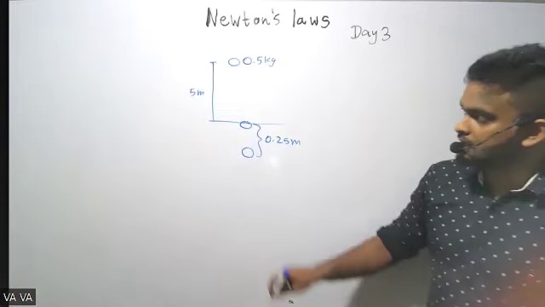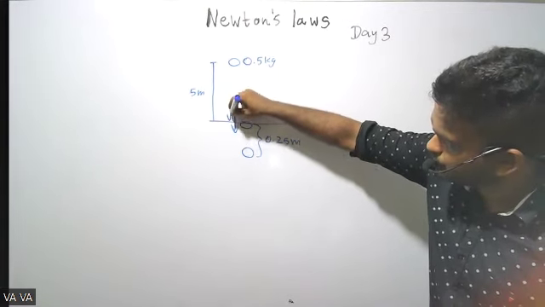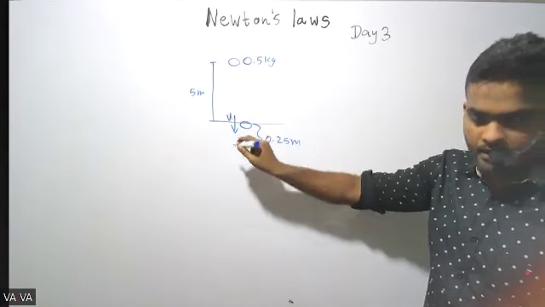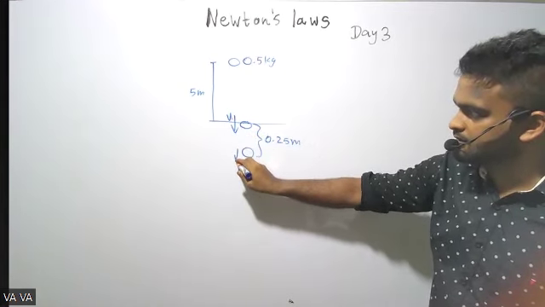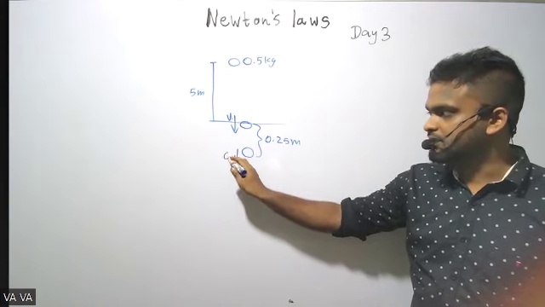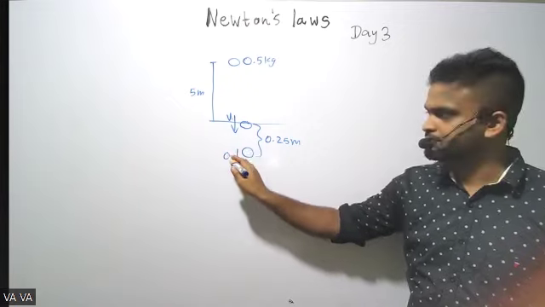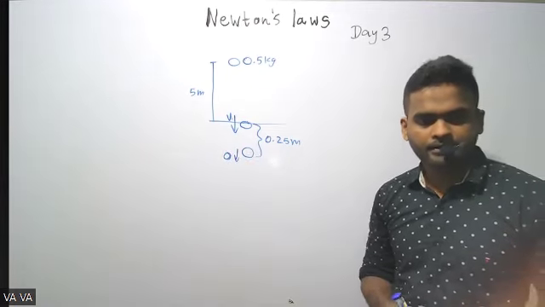It hits the floor with a velocity, let's say u. Then at this depth velocity becomes 0, right? It comes to rest at this position.